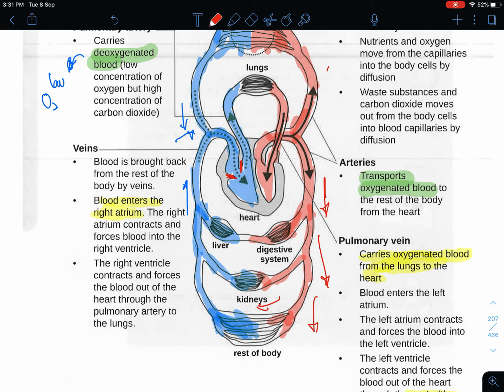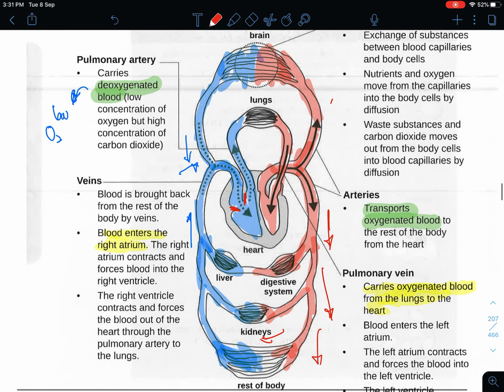Your tricuspid valve is located somewhere here. When your right ventricle contracts, this will then pump blood towards the lung via the pulmonary artery. So this is your pulmonary artery, and this will open the semilunar valves. Do take note that when the ventricle contracts, the tricuspid valve also shuts close to prevent blood from entering back into the right atrium.